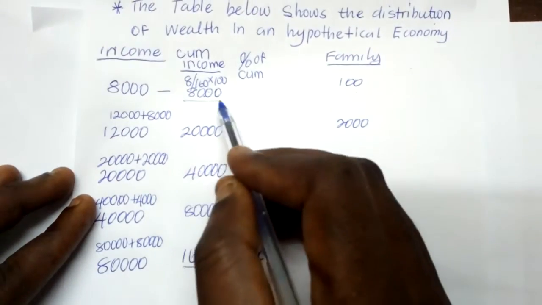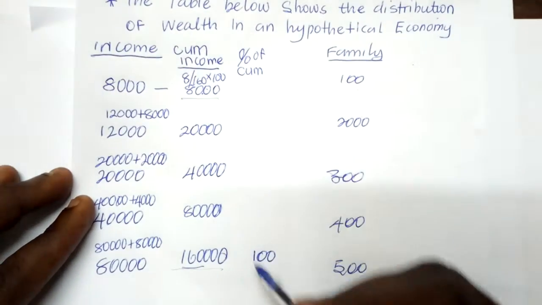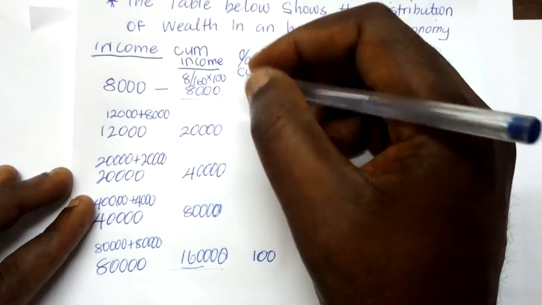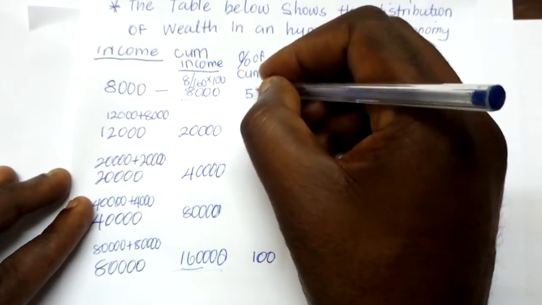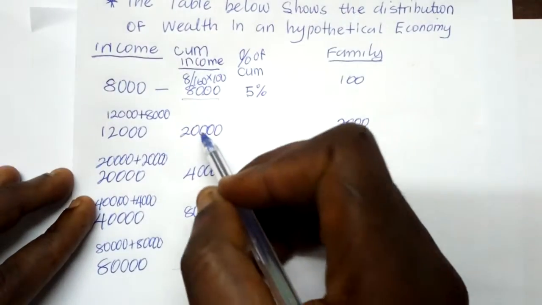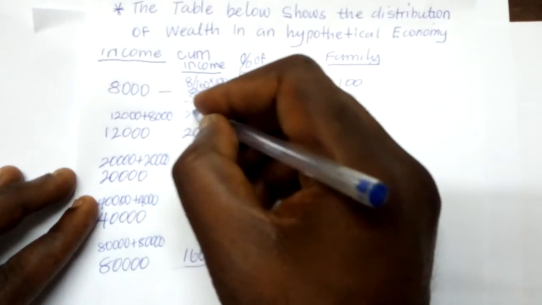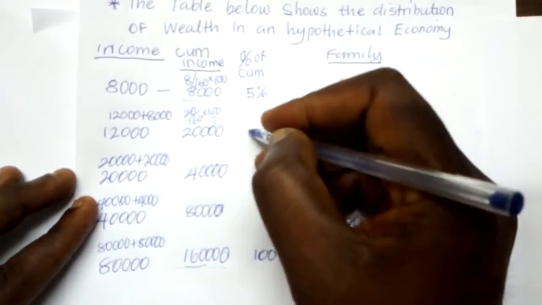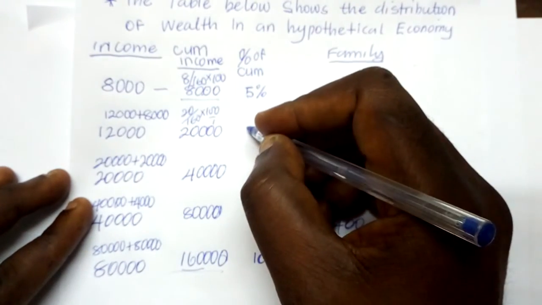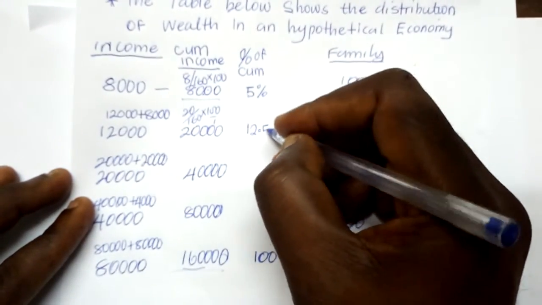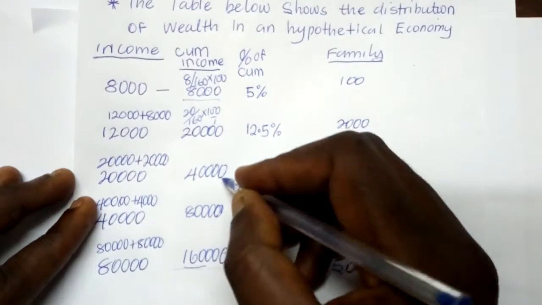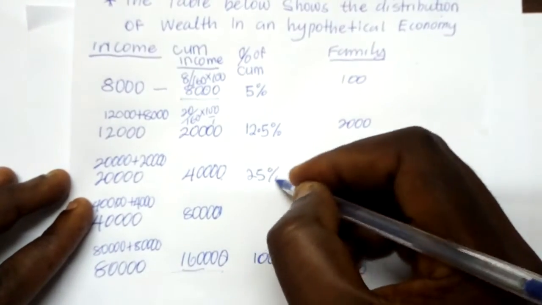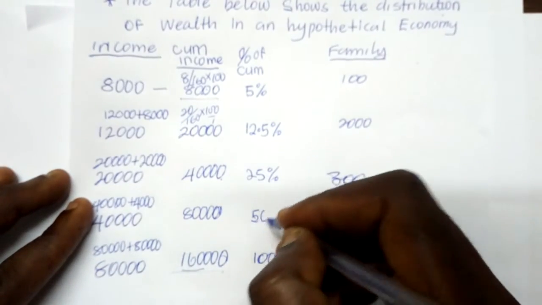Okay, 8,000 divided by 160 multiplied by 100 all over 1, and it will give you 5%. Take your calculator. Then for this it will be 20 divided by 160 multiplied by 100 all over 1. It will give you 12.5%. Then for this it will give you 25%, and lastly for 80 it will give you 50%.